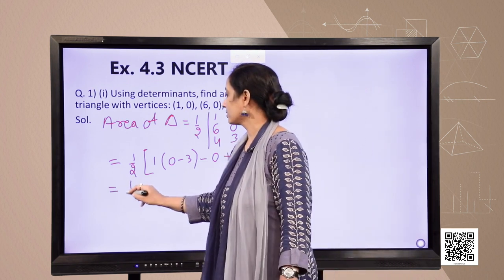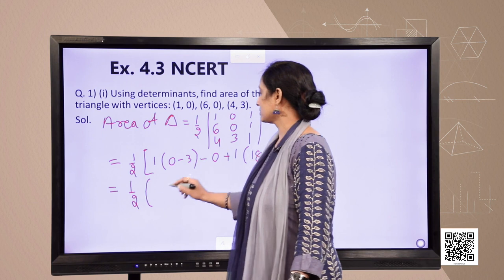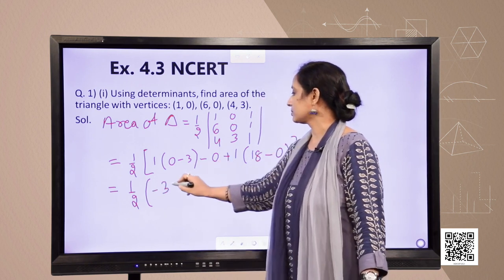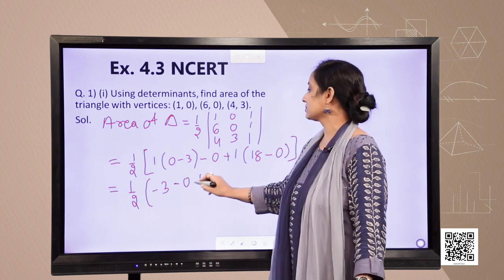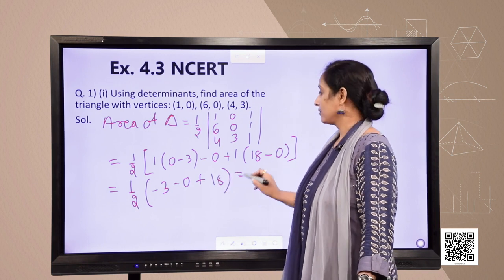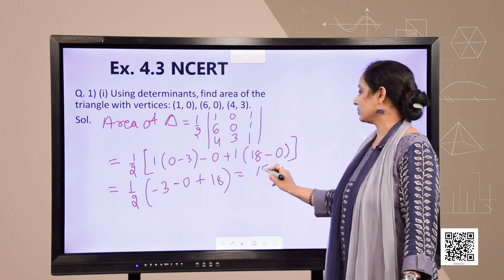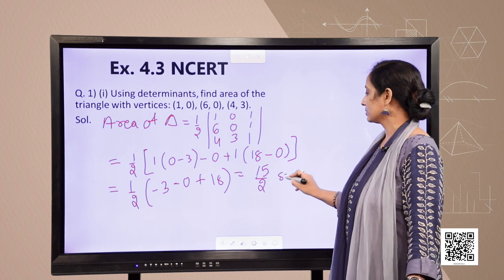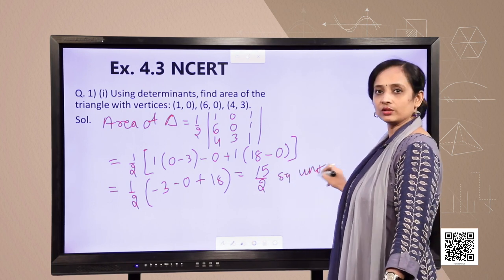Then you can solve it, 1 by 2. This is minus 3, this is 0 and this is plus 18. When you simplify this, it is giving you 15 by 2 square units.